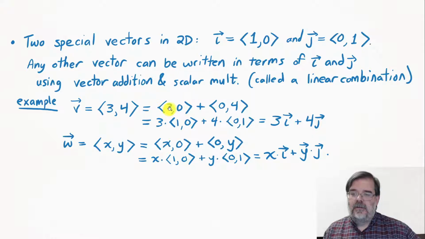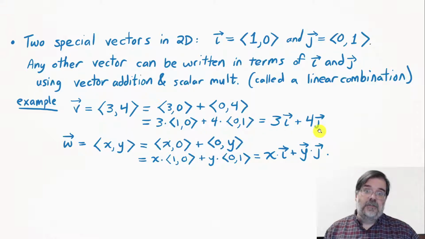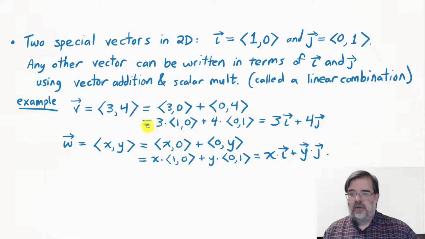From this first vector, 3, 0, you can factor out a 3. You're left with 3 times 1, 0. From the second vector, you can factor out a 4. You're left with 4 times 0, 1. But 1, 0, that's the vector i, and 0, 1, that's the vector j. So this expression can be written as 3 times i plus 4 times j.